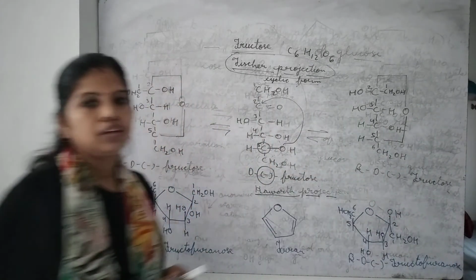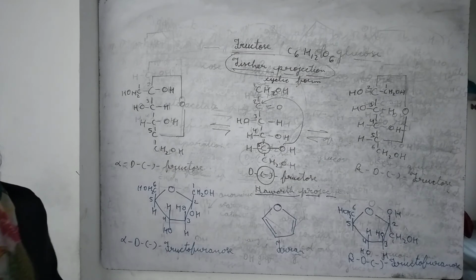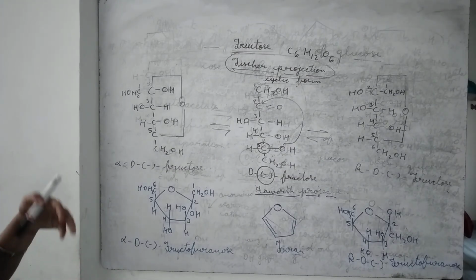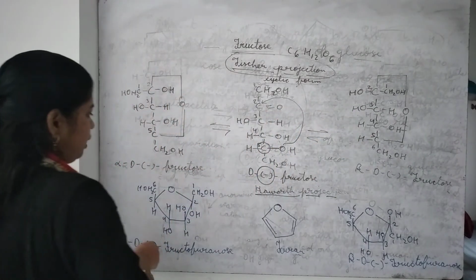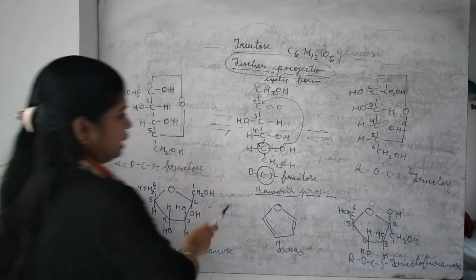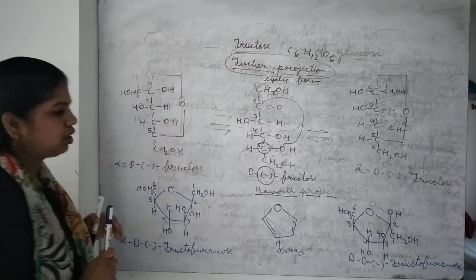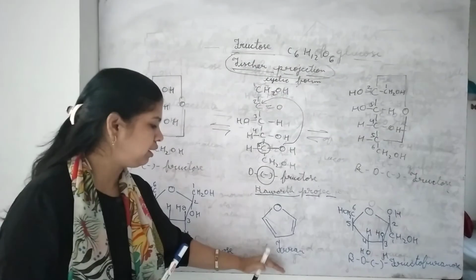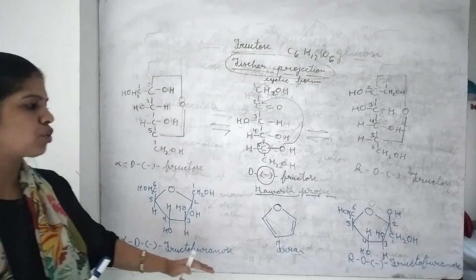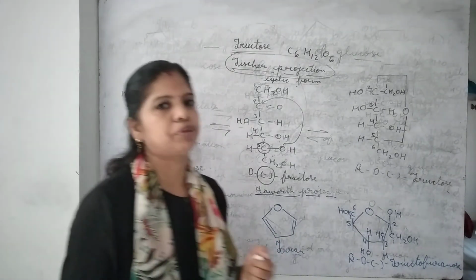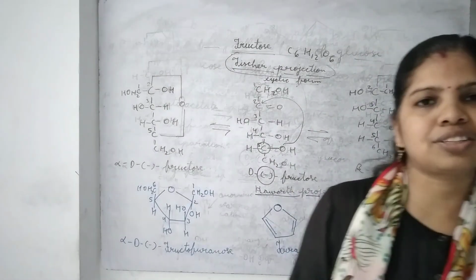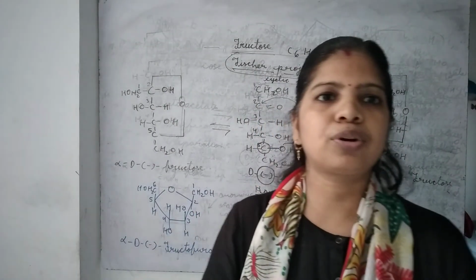So this was the discussion about fructose. First I discussed the Fischer projection, then this cyclic form, and over here it's the Haworth projection, which resembles furan. That is why it is known as fructofuranose. Clear? So this was the discussion about the structure of glucose and fructose.